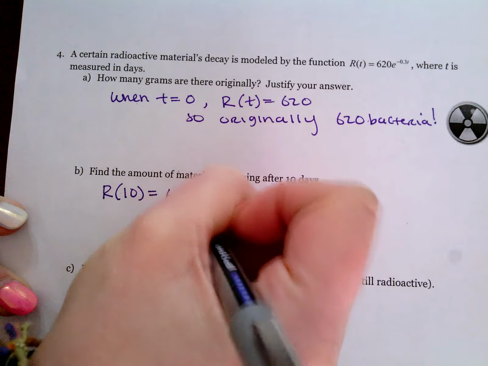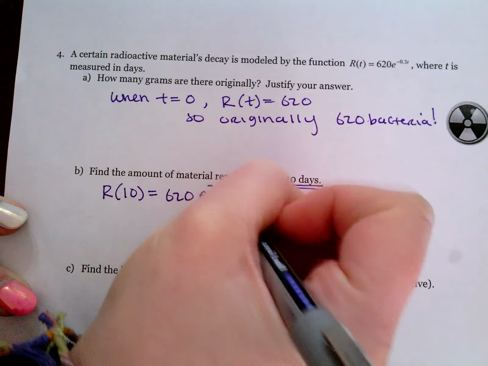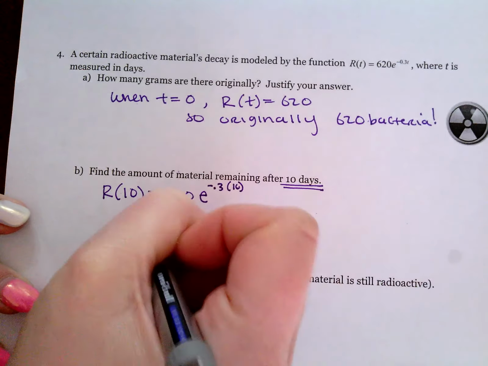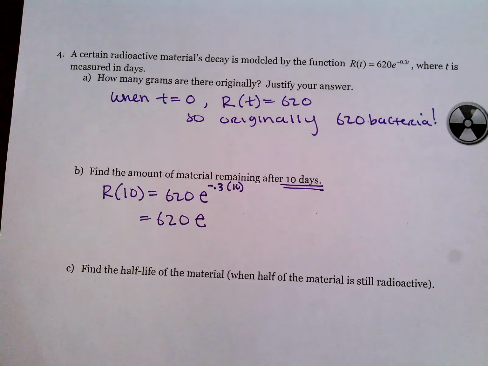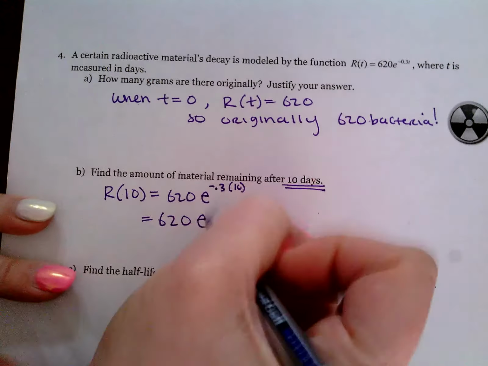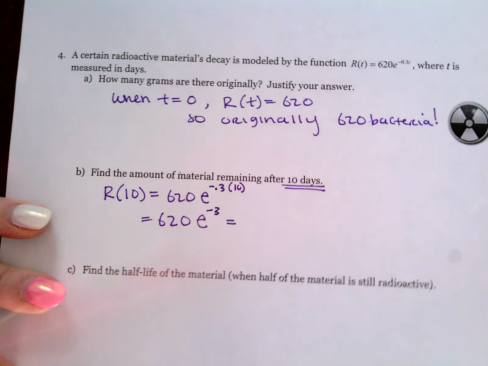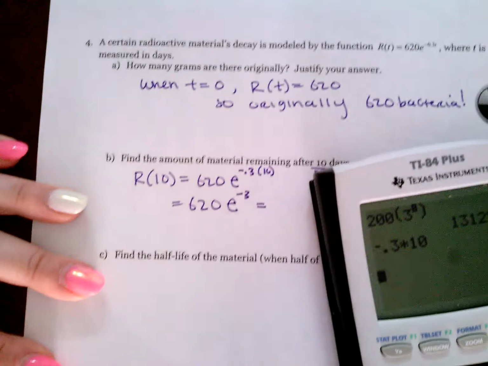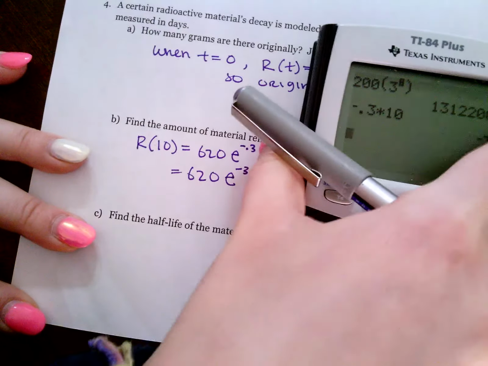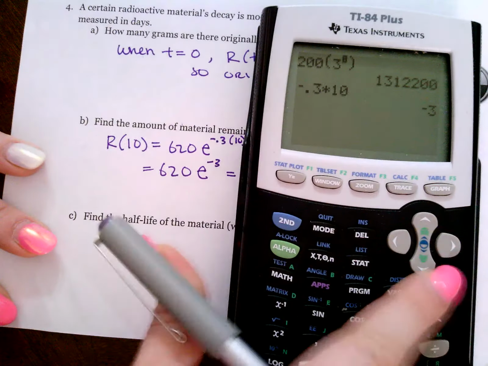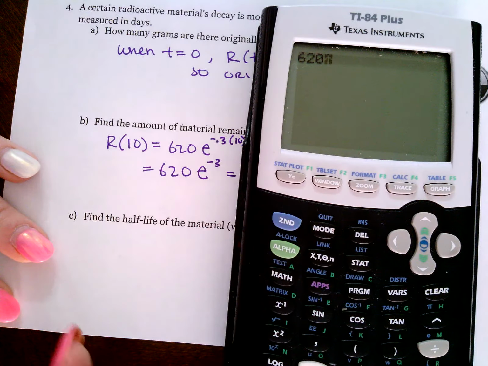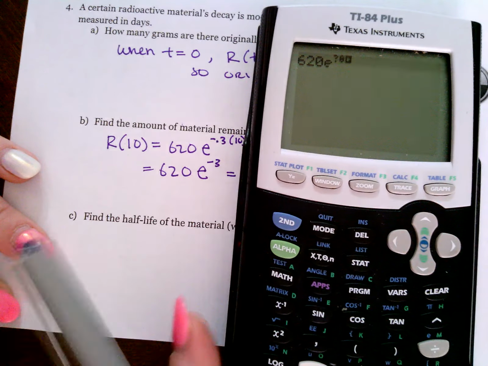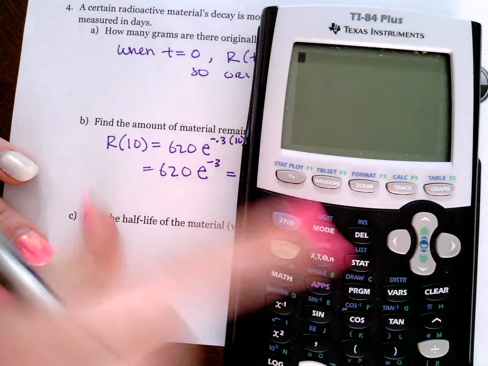And then I'll put this into my calculator. 620 e to the power of negative 3. Whoops, my error. E to the power of negative 3. 30.868, 30.9, I'll say. There are going to be 30.9 grams.